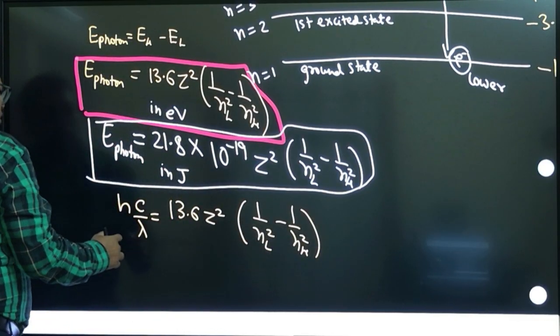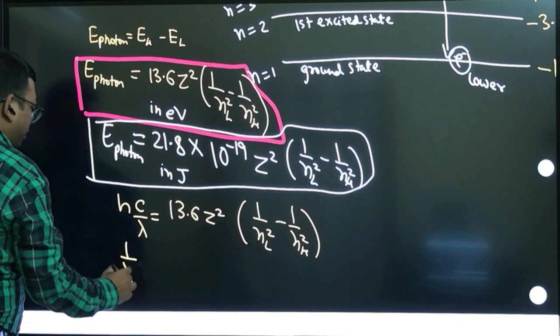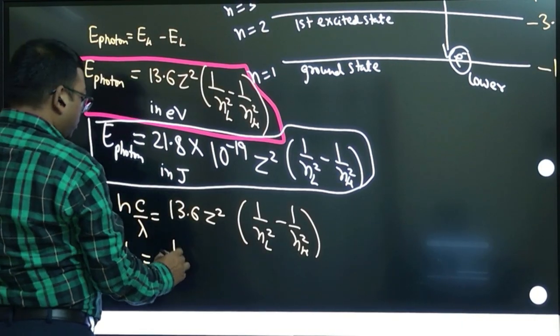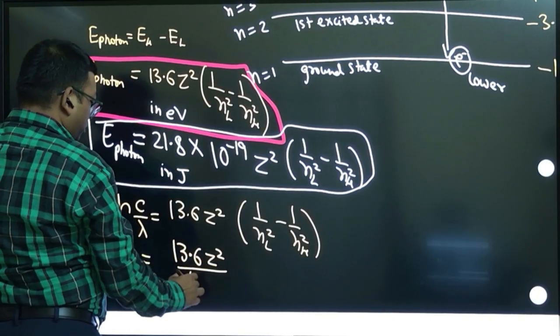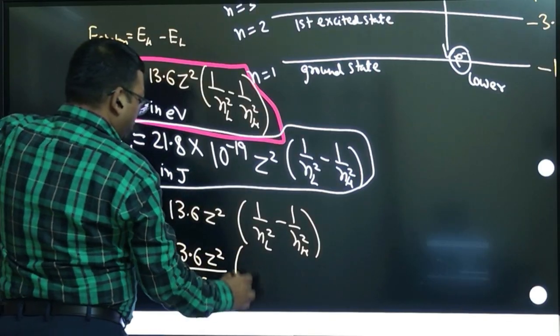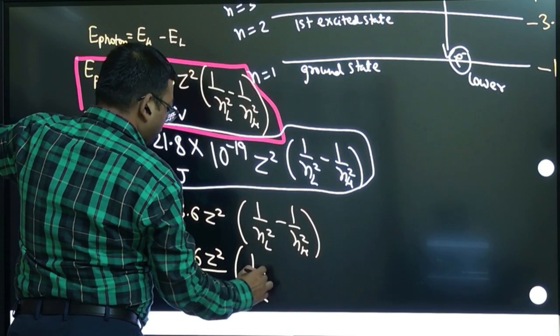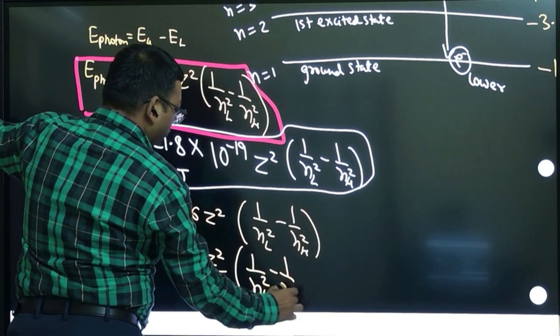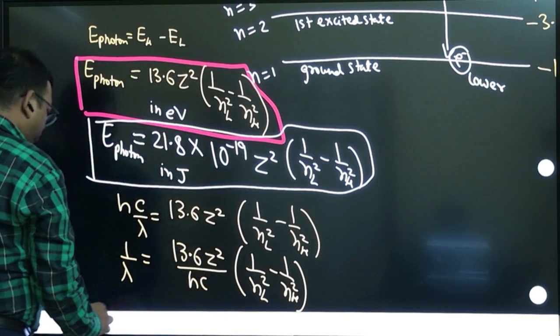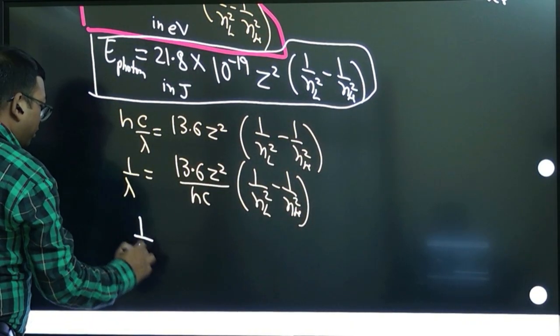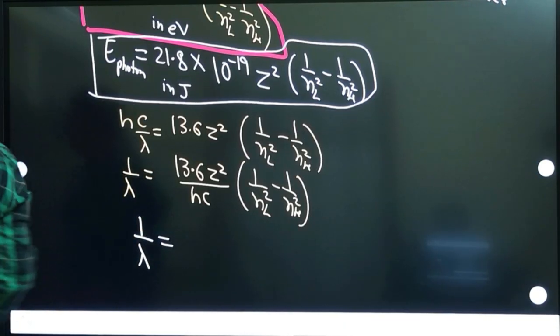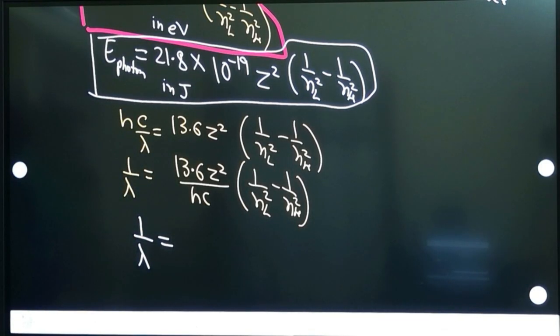Now here I will try to calculate 1 by lambda. So hc will go in the denominator here. 1 by n L square minus 1 by n F square. And when you solve this, 1 by lambda is called the Rydberg constant.